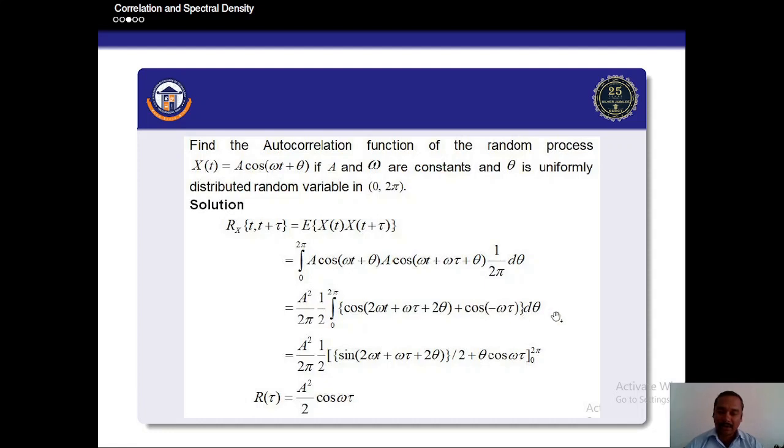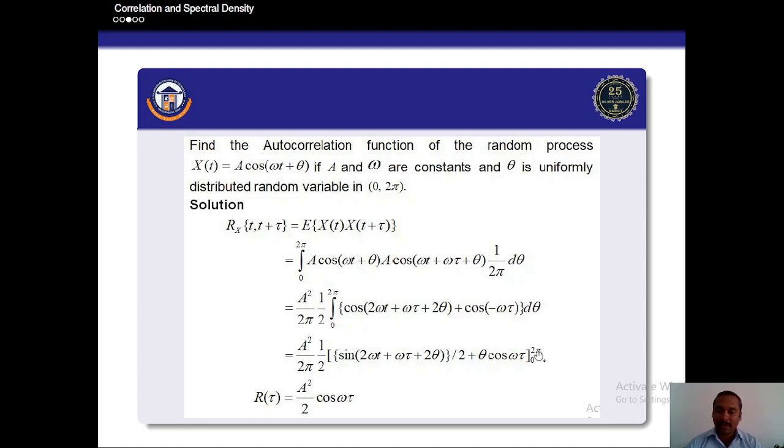Now integrate this term with respect to theta. Here there is a theta term, so the integration of cos becomes sine: sine of (2 omega t plus omega tau plus 2 theta) divided by its coefficient 2. Here there is no theta term, so consider it as a constant. Constant times the integral is constant times the variable, that is cos(omega tau) d theta, and the integral becomes theta.